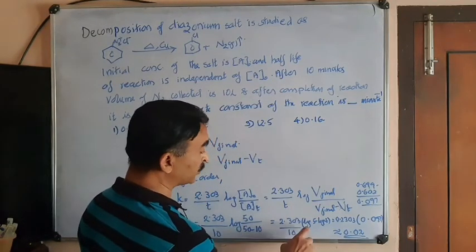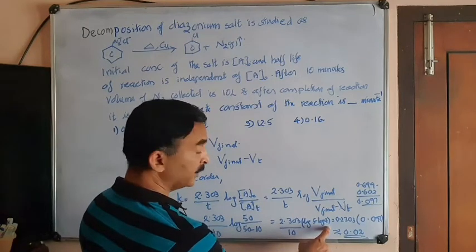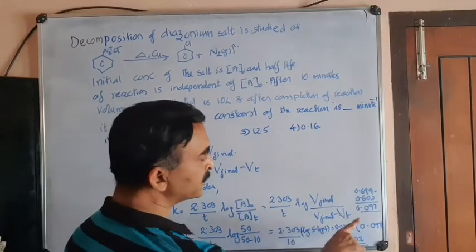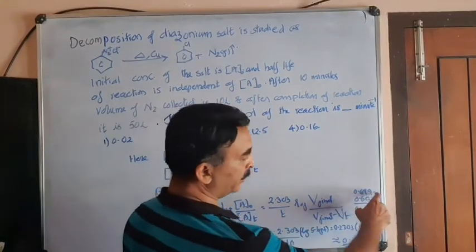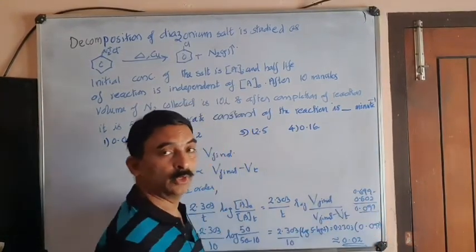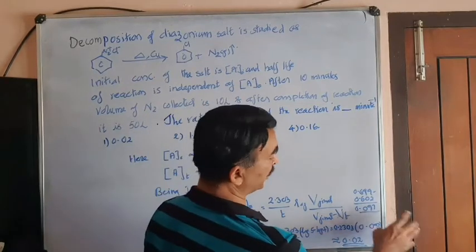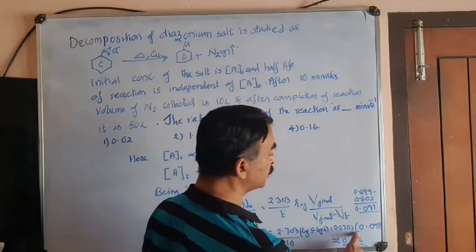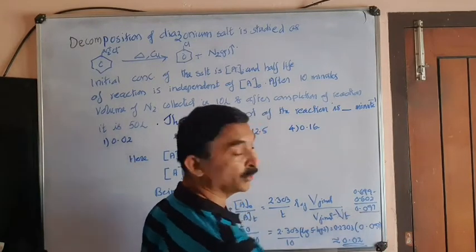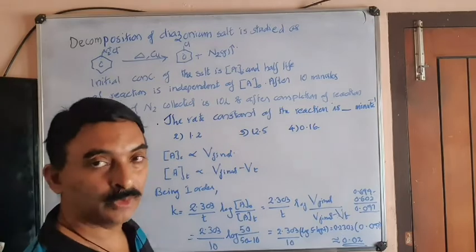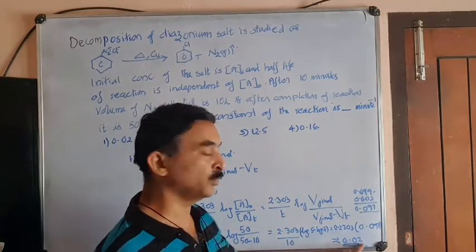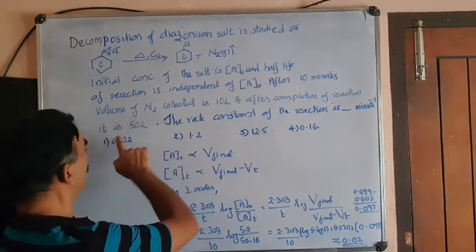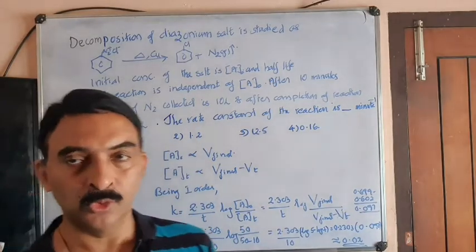Log 5 by 4 is equal to log 5 minus log 4, which means 0.699 minus 0.602, that is equal to 0.097. So our final answer will be 0.2303 into 0.097, which gives approximately 0.02. So our answer among the given options is the first, 0.02 per minute.